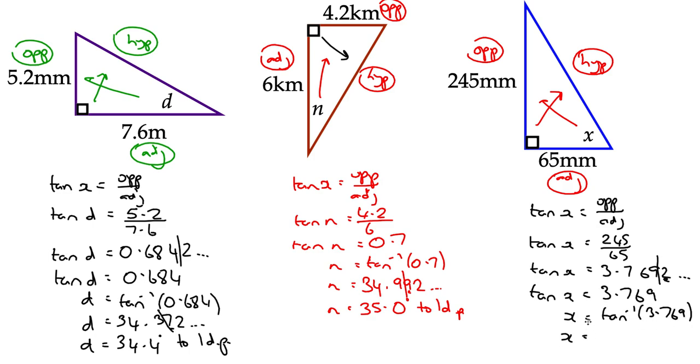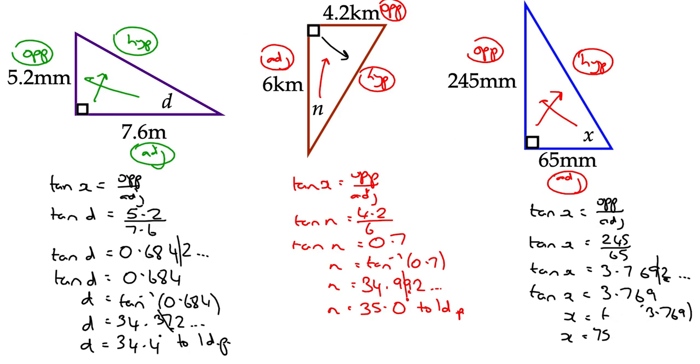And that's going to give me inverse tan of 3.769 is 75.140.